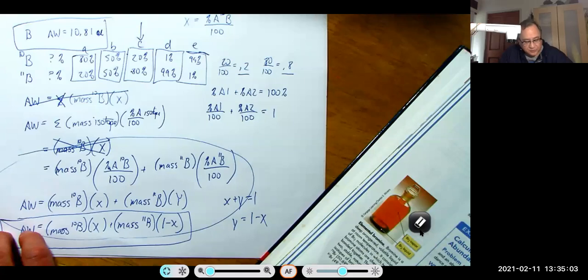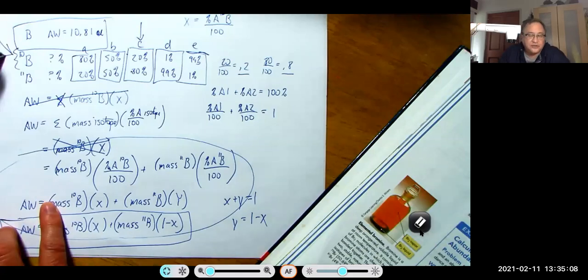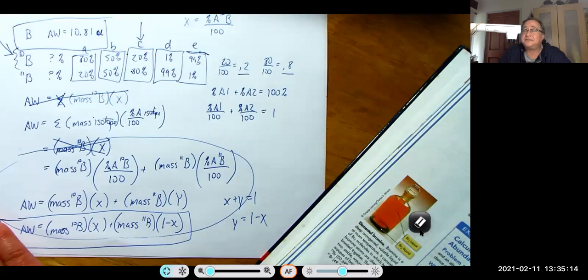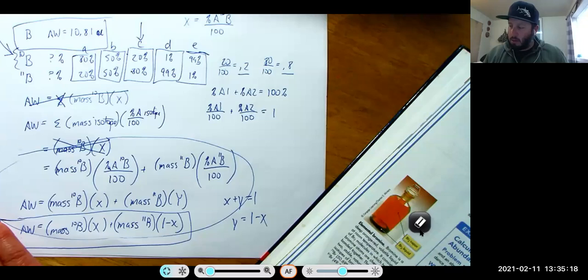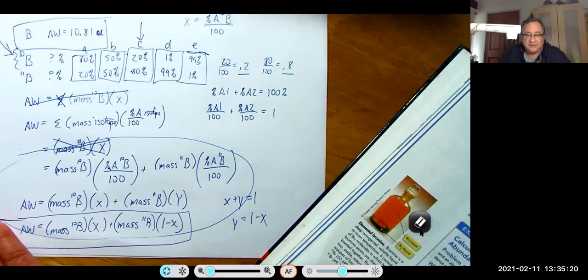Let me ask you this. We just did this. How many protons does boron 10 have? Feel free to look at a periodic table. It would have to have 10, right? No. How many protons does it have?